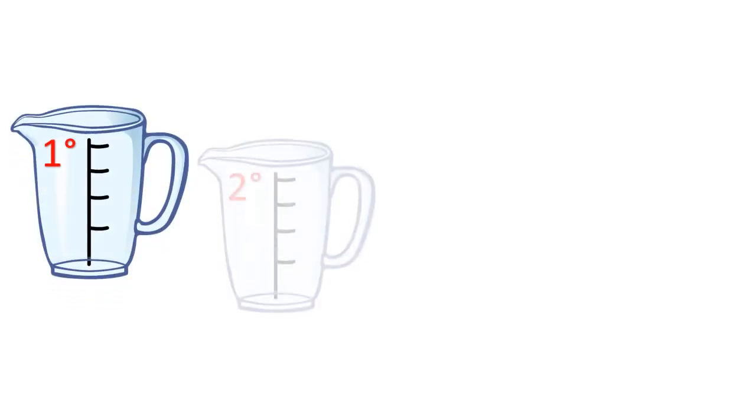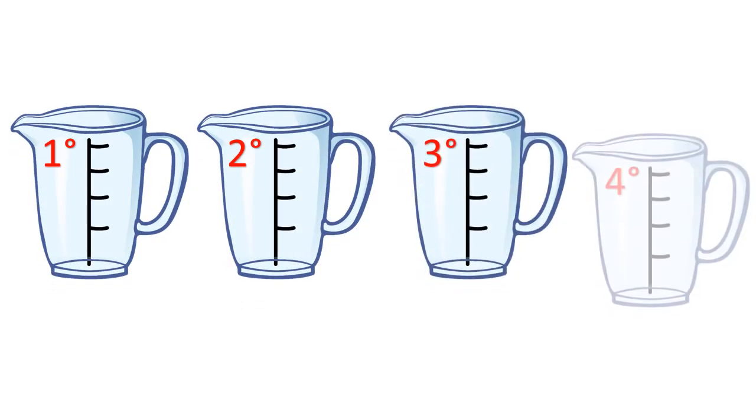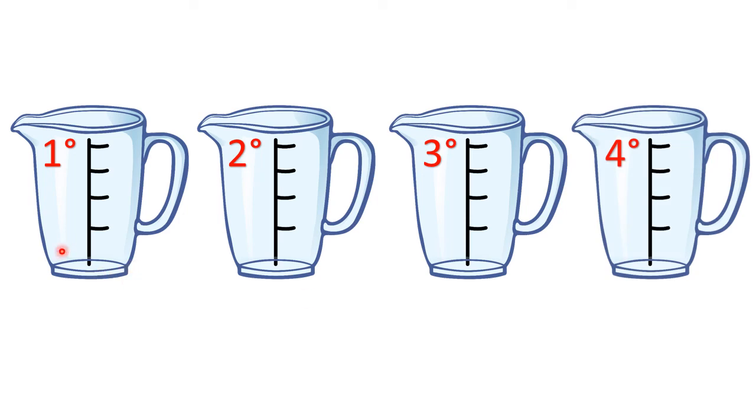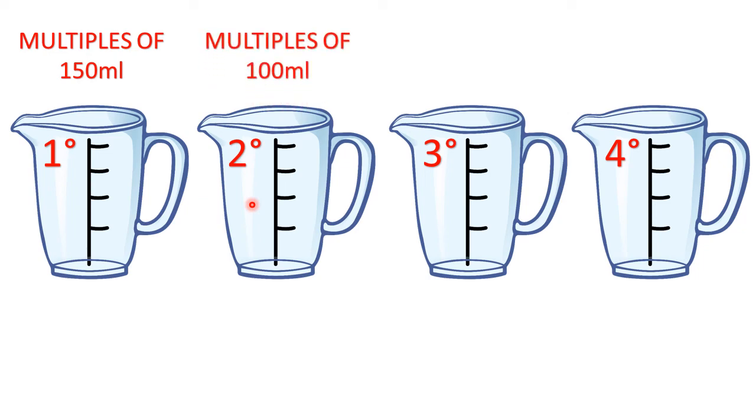Let's take a look at the problem in the Try This panel. So Afia has 4 jugs. In the first jug, she pours a multiple of 150 milliliters. In the second jug, a multiple of 100 milliliters. In the third, a multiple of 25 milliliters.